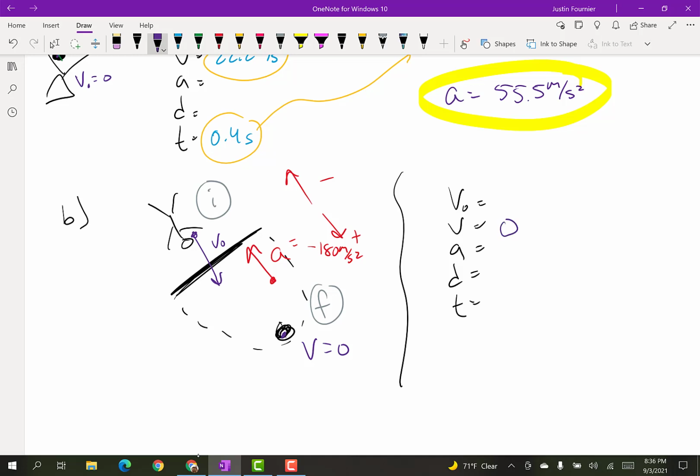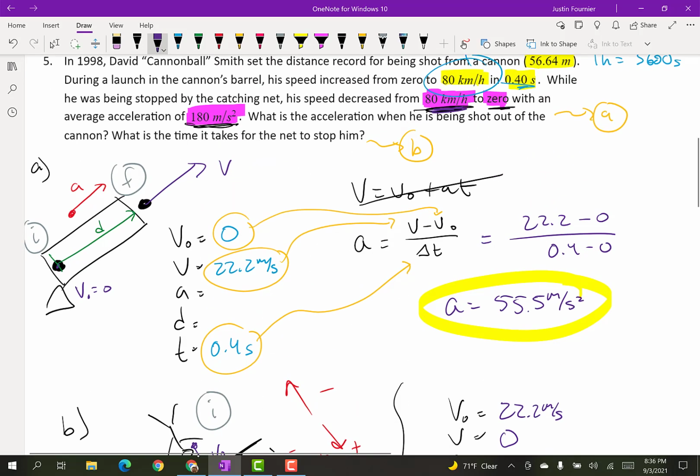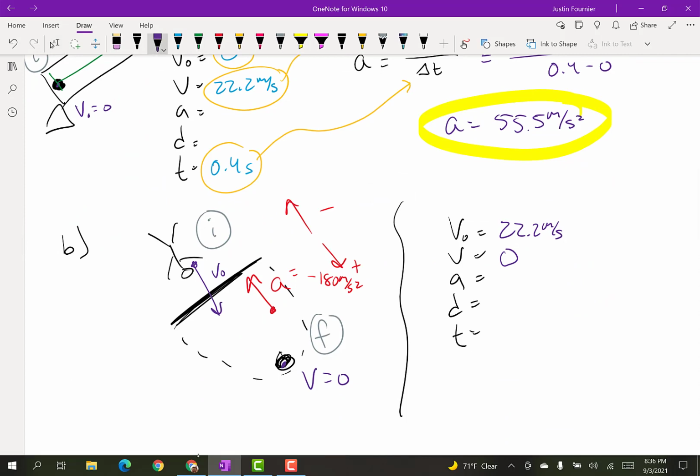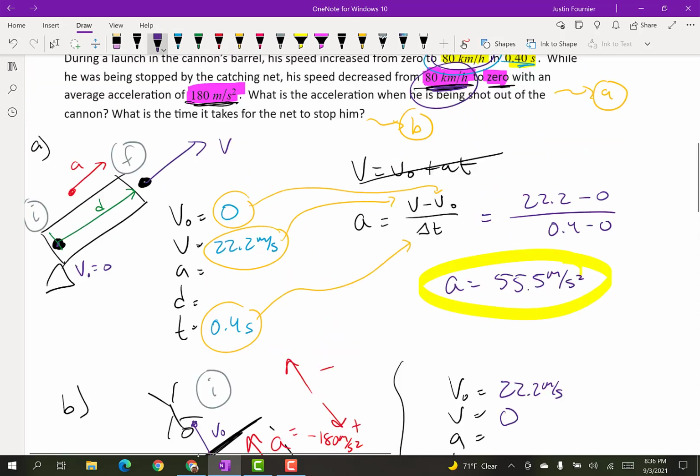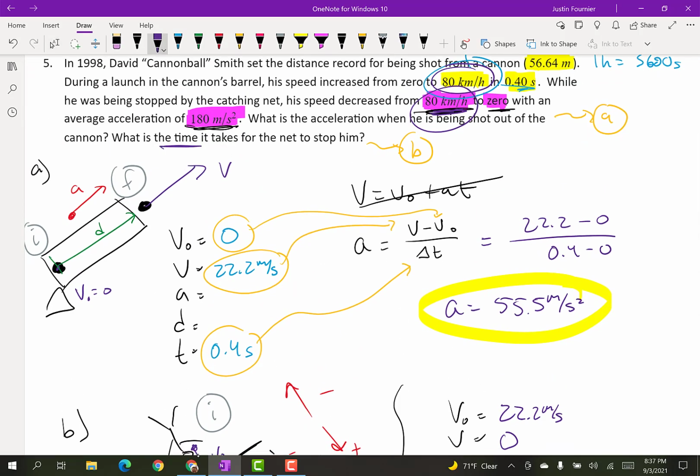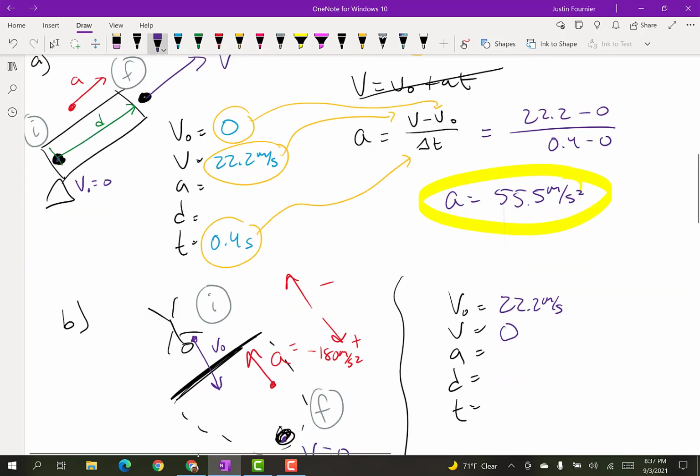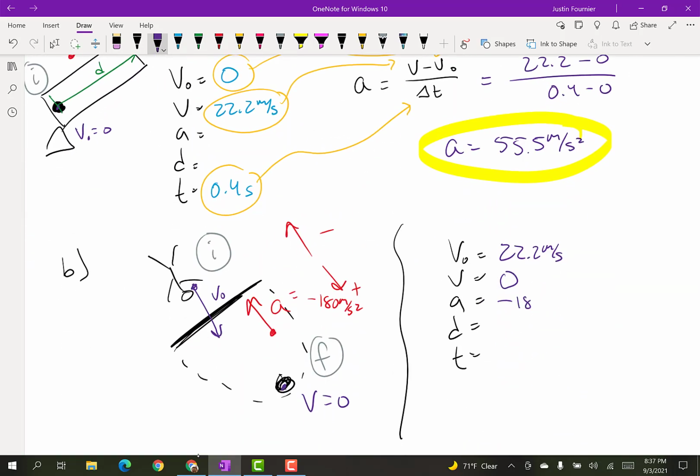My initial velocity is, well, 22.2 meters per second, because that was the same 80 kilometers per hour as over here. And then we don't know the time. We're trying to find the time, right? What was the time? But we do know his acceleration was negative 180 meters per second squared.